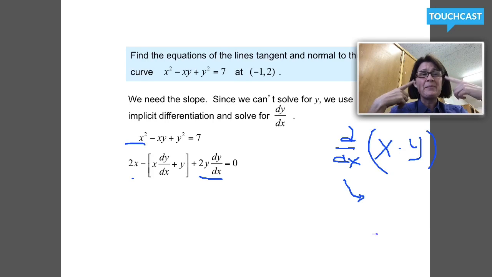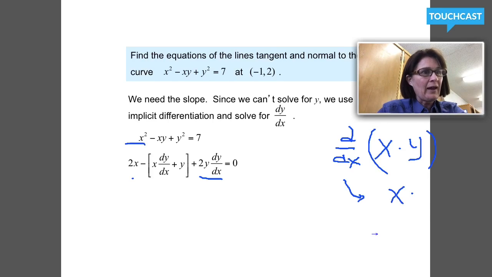But when I say that, I'm being a little loosey-goosey, right? I'm not specifying that I'm taking the derivative with respect to x of all of these. So the derivative with respect to x of x times y is x, that's first, times the derivative of the second. Well, the derivative of the second with respect to x, that's called dy/dx. Plus the second, which is y, times the derivative of the first.